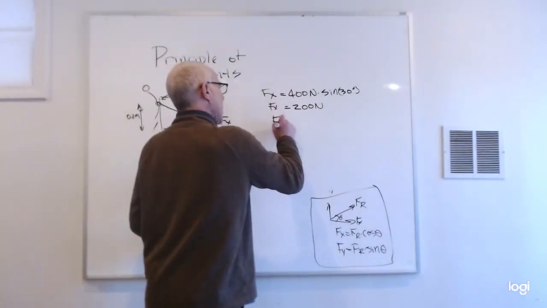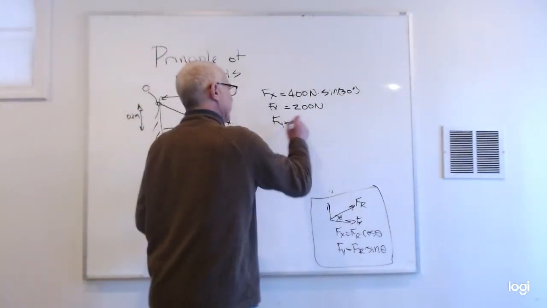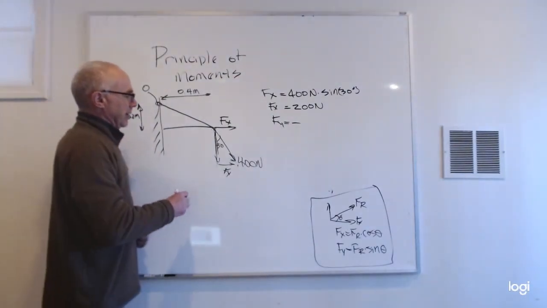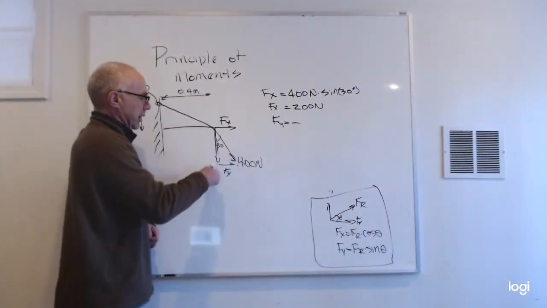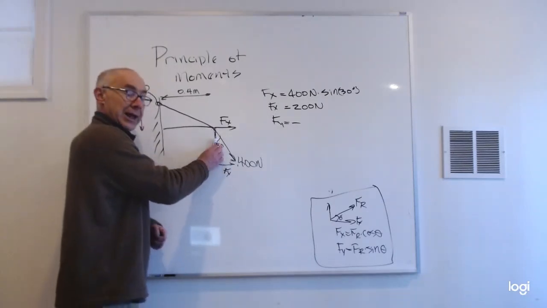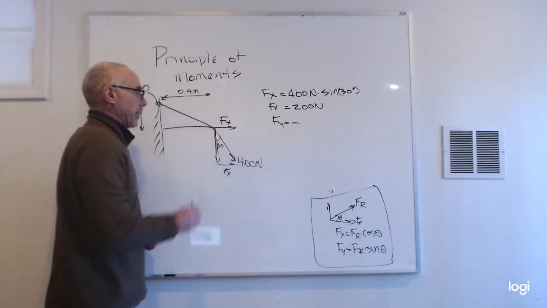Now F_y, and we already know it's in the negative direction, so I'm going to put a negative value here. What is it going to be equal to? If you think of this triangle here, we have our 30 degrees, a side adjacent to that 30, and the hypotenuse.